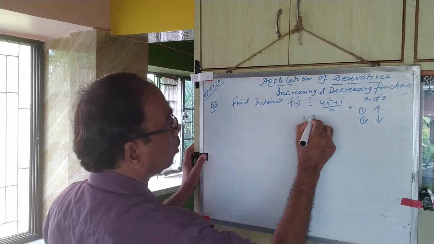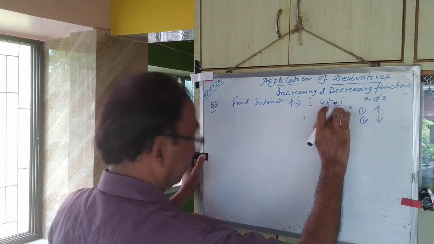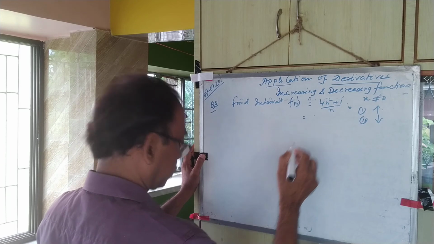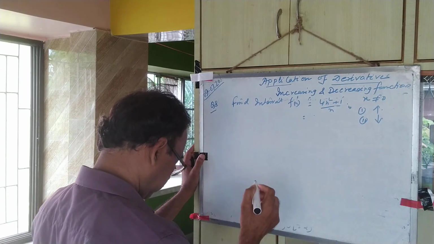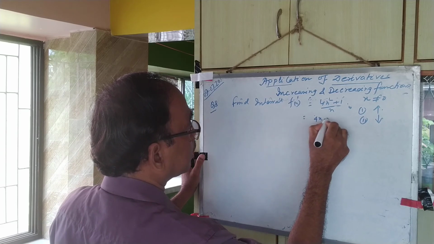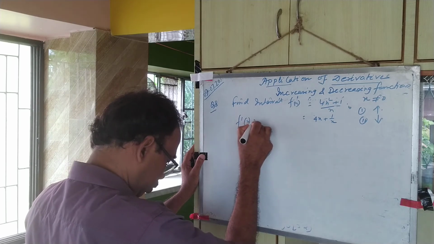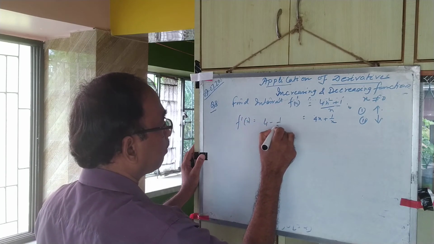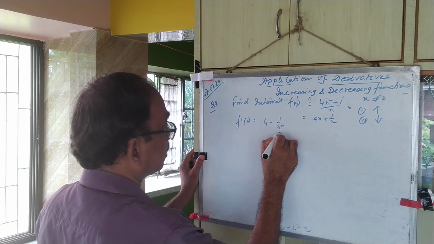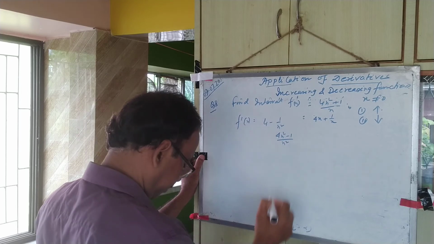This equals 4x plus 1 by x. So here f dash x equals 4 minus 1 by x square, that is, (4x square minus 1) by x square.